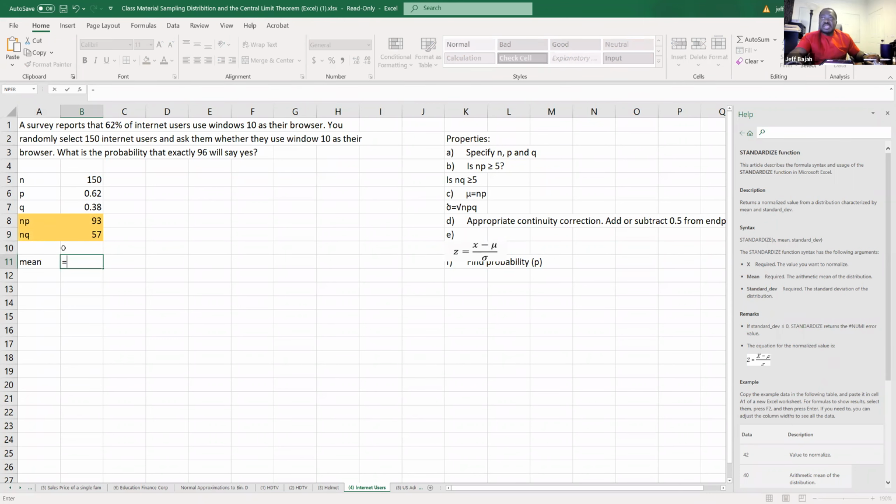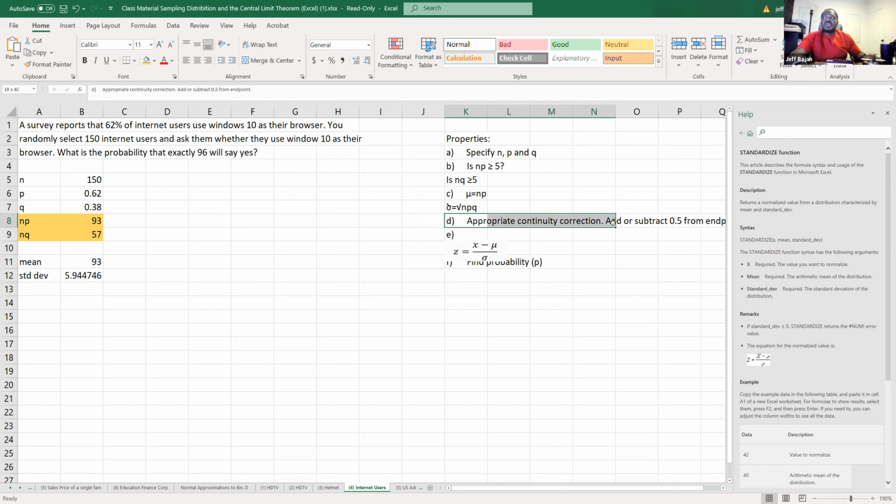And we know that the mean here is going to be 93. And then to find the standard deviation, it's basically going to be the square root of N times P times Q. All right. Continuity correction. Who can tell us the answer for this one? Here we're told it's exactly 96. So how do we correct that?